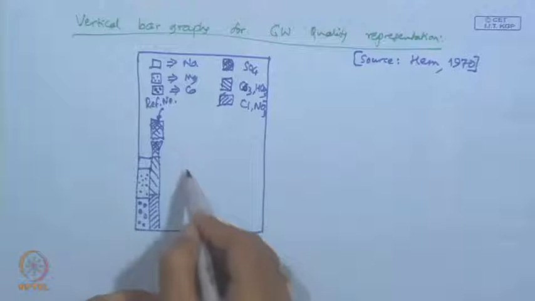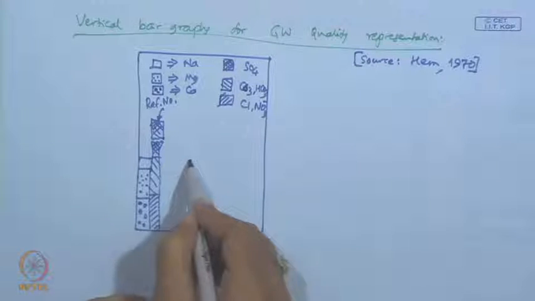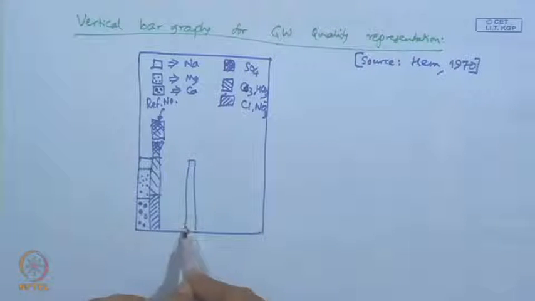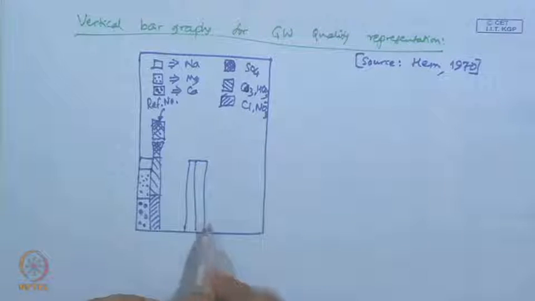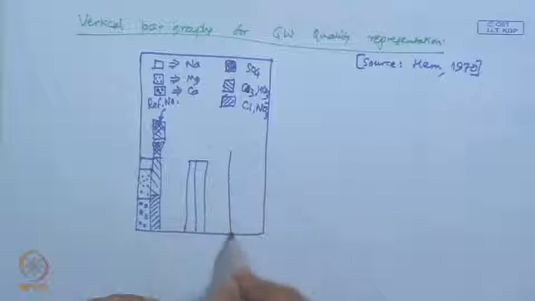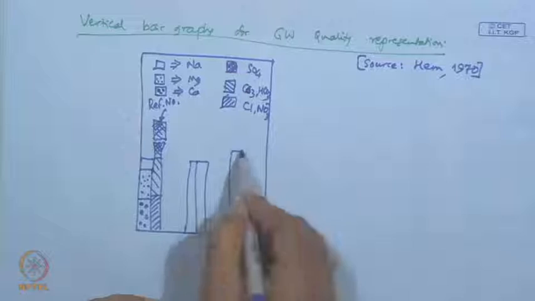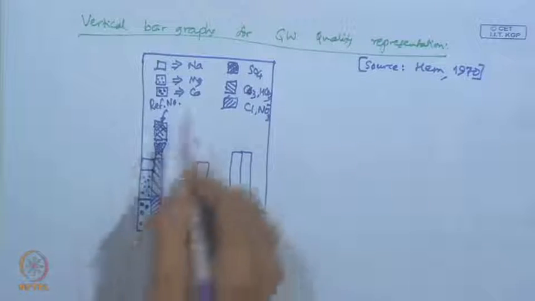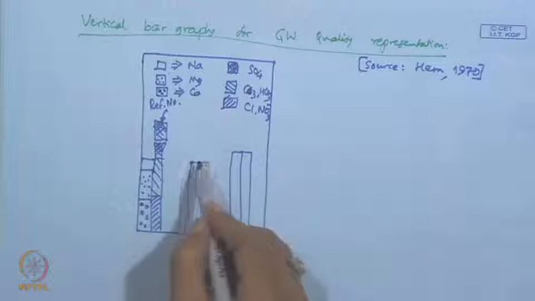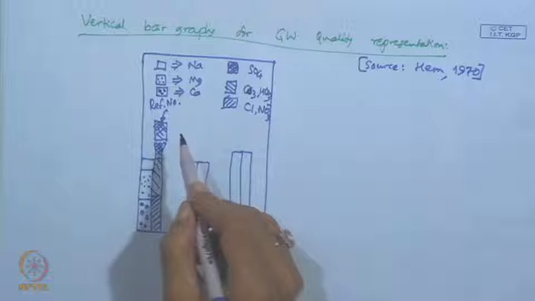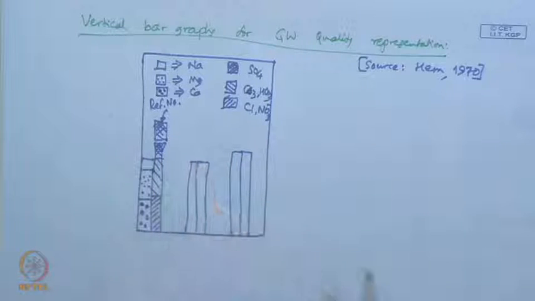So, there will be multiple vertical bar charts, each showing the concentration of different components, and on each one of them there will be a reference number.